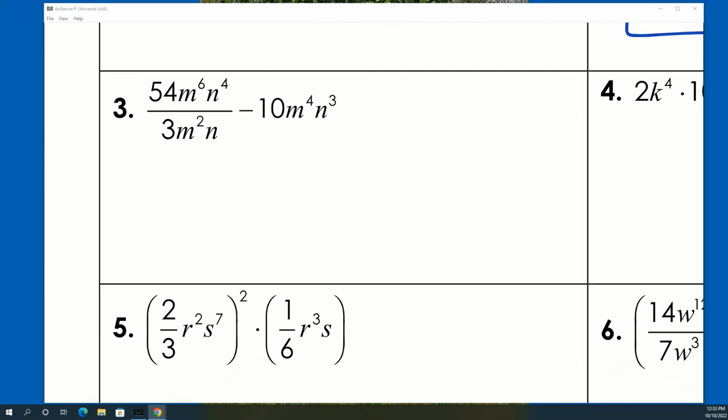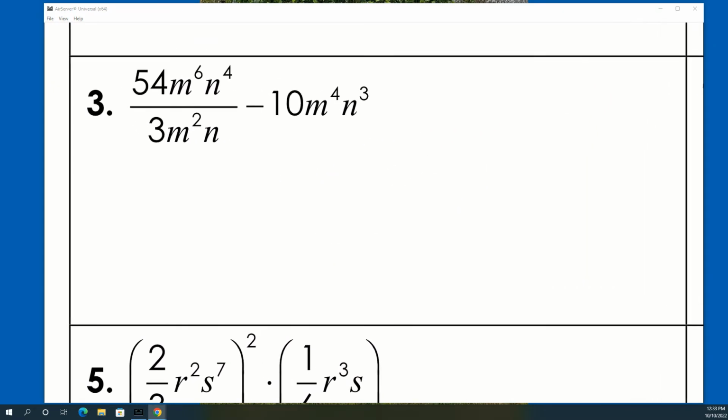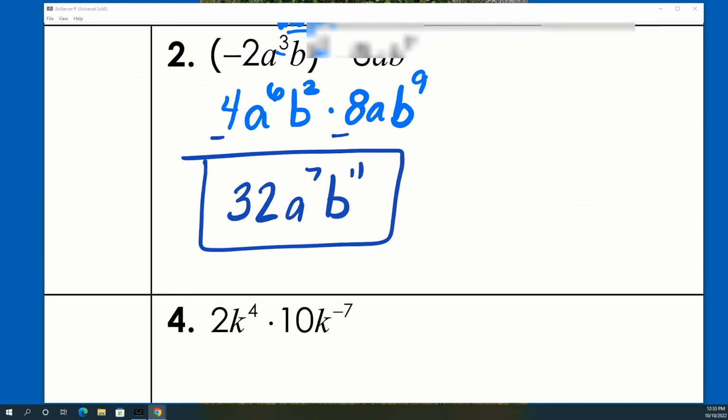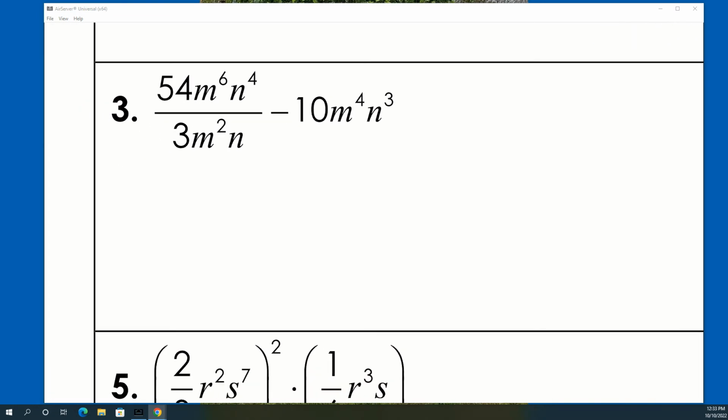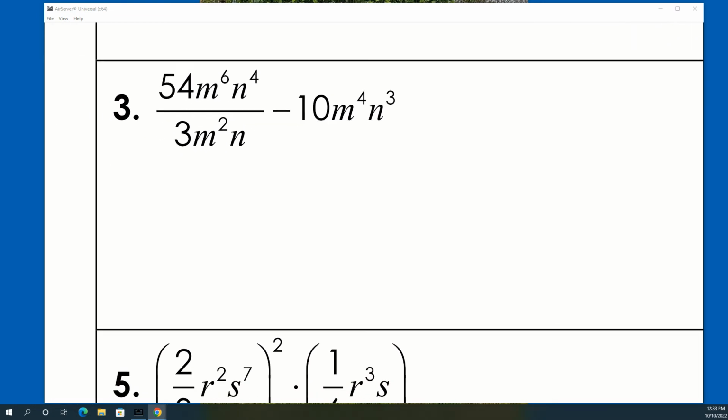All right, let's look at number 3. So number 3, before I can subtract, I'm going to go ahead and do this division. So I'm going to divide 54 by 3.